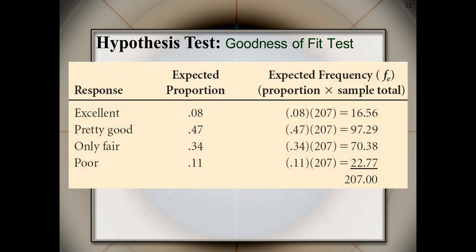So let's see the FO values and the FE values, that is the expected frequency. We have excellent 16.56, pretty good around 97 point something, only fair around 70, poor 22, and my total sample size 207.